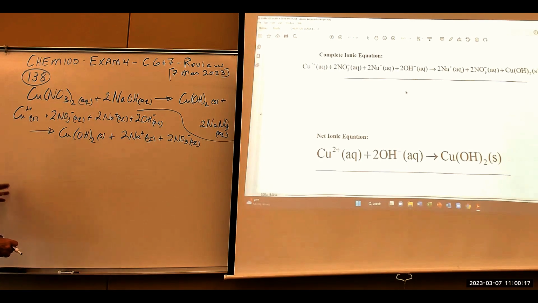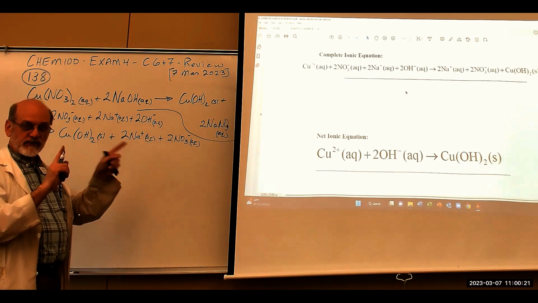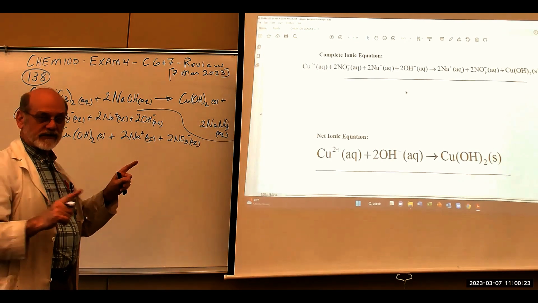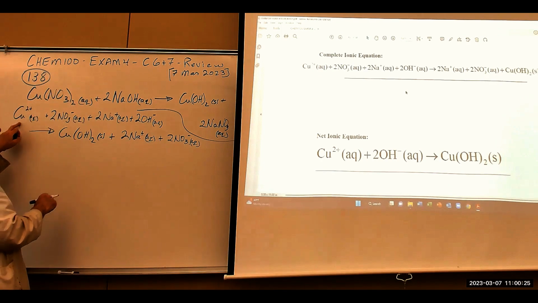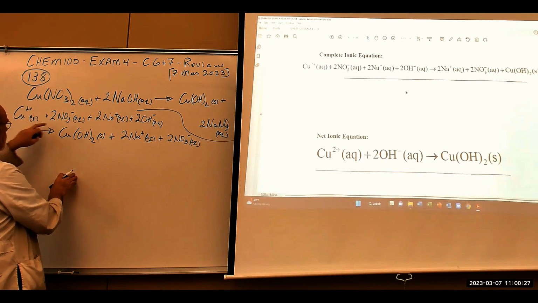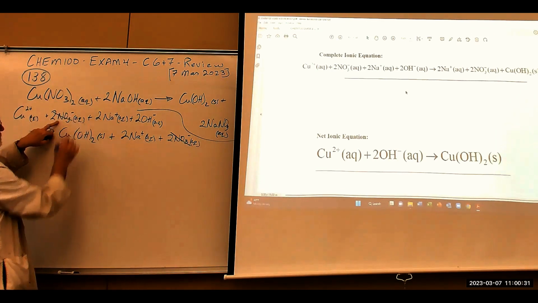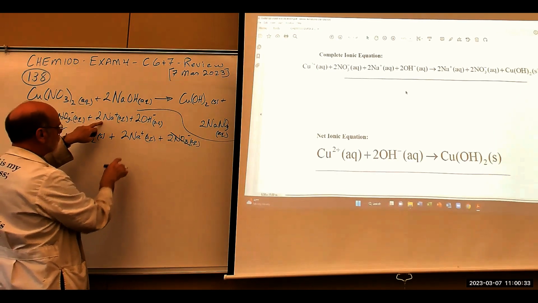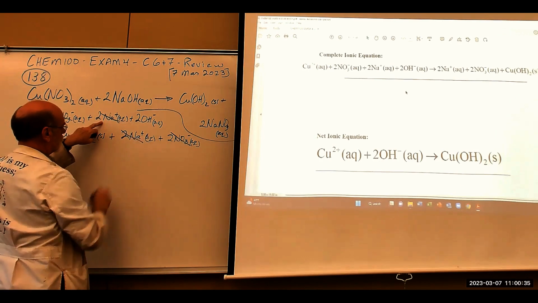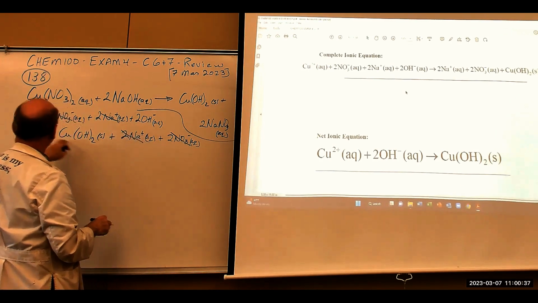Now we need the net ionic equation. So how do we do that? Well, you look on both sides and find common elements. Okay. Copper 2 plus, no. Nitrates, 2 nitrates. Yep, that goes out. And 2 sodiums, 2 sodiums. 2 hydroxides, they're in here.